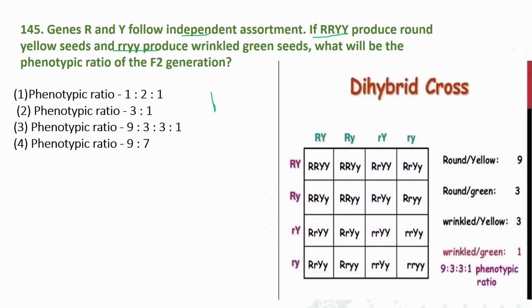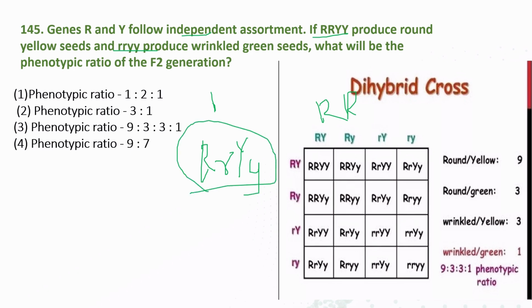If you see here, this is RRYY, we know that normally from the first generation itself we'll get the combination of capital R small r and capital Y small y, that is nothing but heterogeneous round yellow. So when these go to the F2 generation, F2 cross, we can see that so many combinations of seeds were formed here.